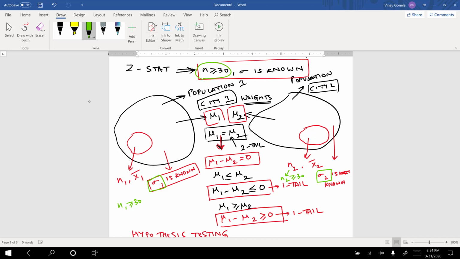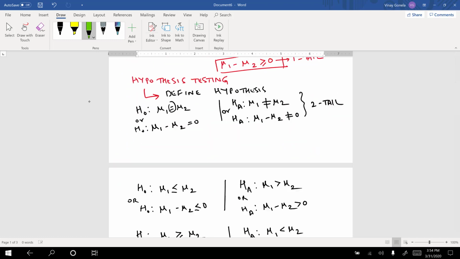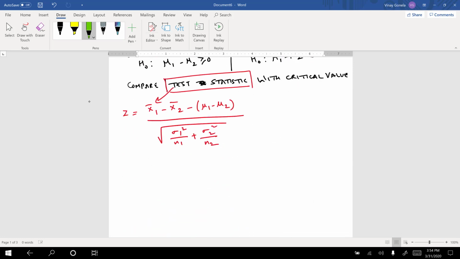Then we use Zstat. So that is the criteria to use Zstat. I will write the criteria here to use Zstat for comparing two population means.